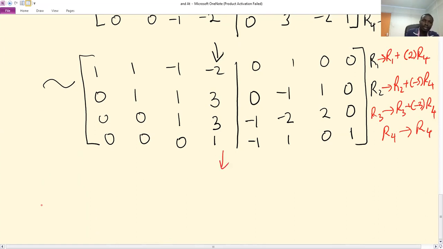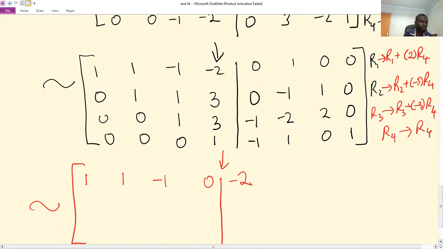So this will give us an equivalent matrix. Now we have row 1 plus 2 row 4. So this will be 1, 1, minus 1, 0, and then 0 plus 2 times minus 1 is minus 2, and then 1 plus 2 times 1 is 3, 0 plus 2 times 0 is 0, 0 plus 2 times 1 is 2.